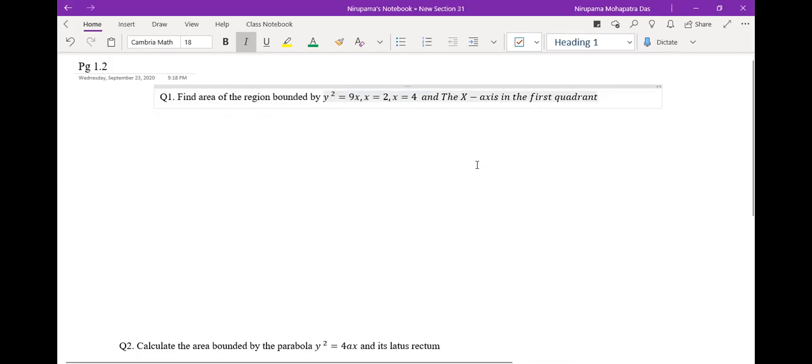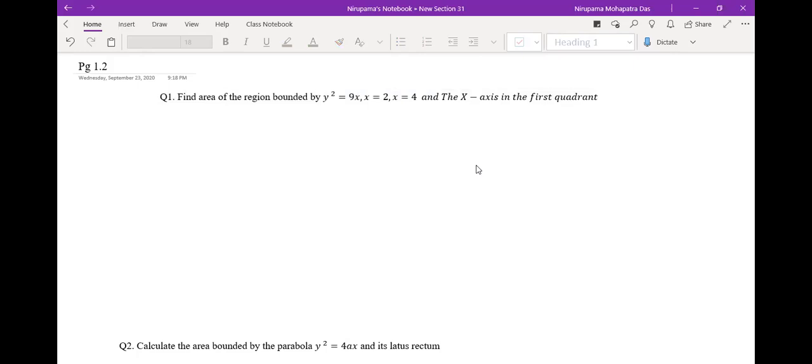Here, y square equal to 9x means you can quickly draw the graph. The first step of the working rule is to draw the rough sketch. Y square equal to 9x is a parabola with its axis along the x-axis.